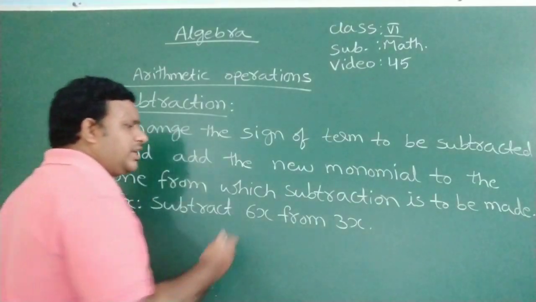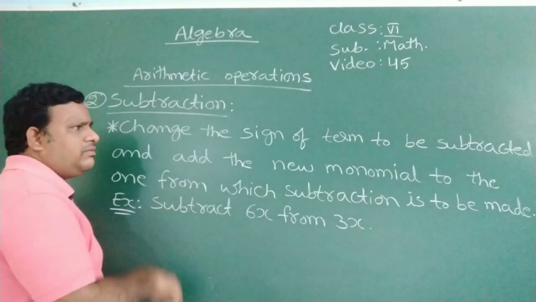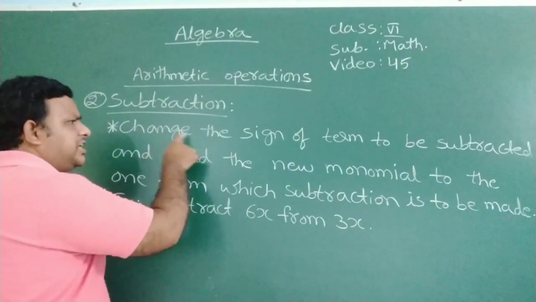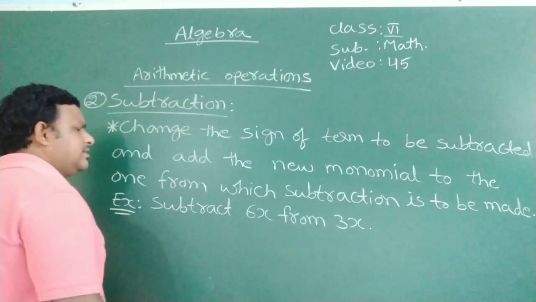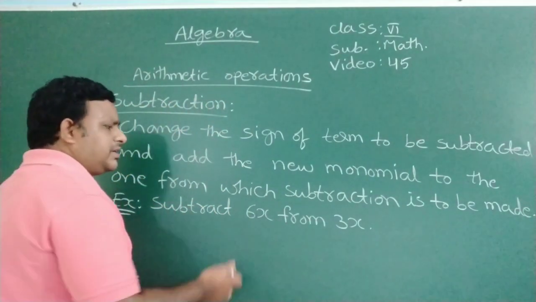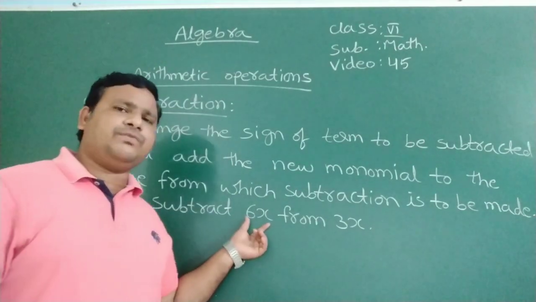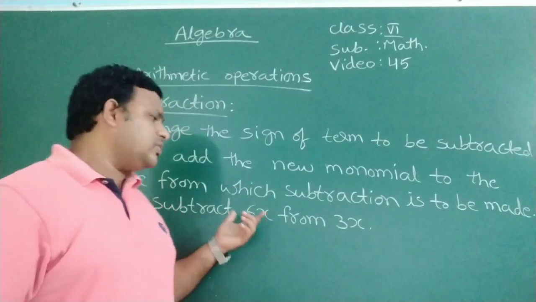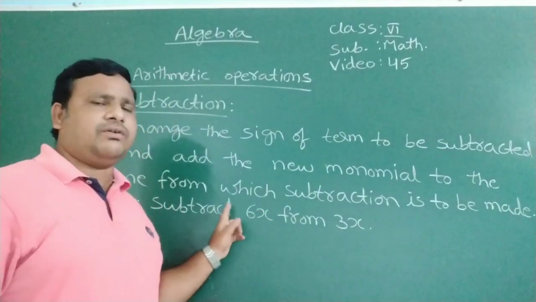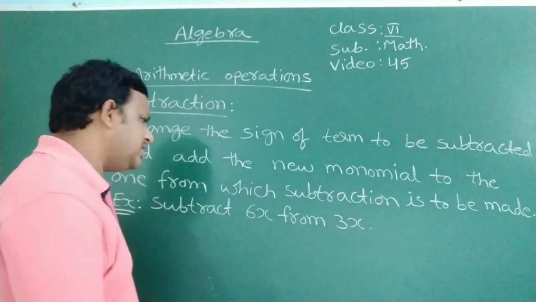So from 3x we have to subtract 6x. So which sign do we have to change? Change the sign of the term to be subtracted. What should be subtracted? 6x should be subtracted. What is the sign of 6x? Plus. It is a positive number. So to subtract, we have to change this sign. Then it becomes minus, isn't it?